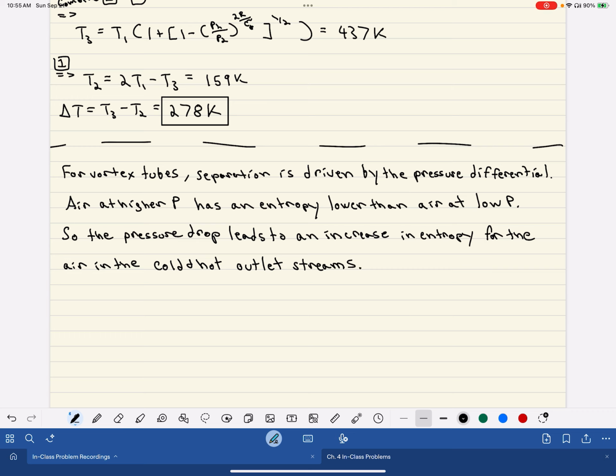Okay. All right. And so, by going through the material, energy, and entropy balances very carefully, we could show that for a vortex tube, it's thermodynamically feasible for it to separate out one stream into a hot and cold stream.